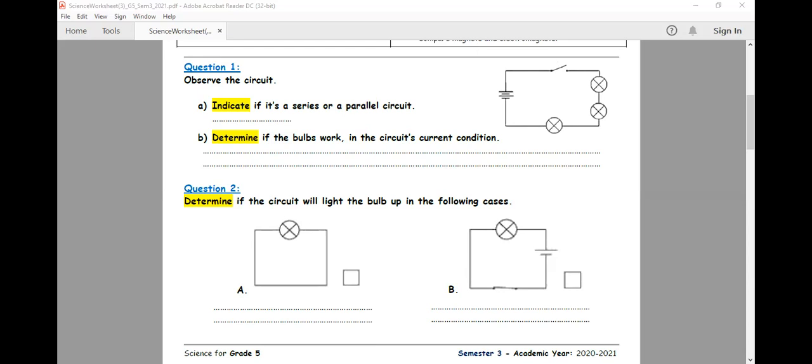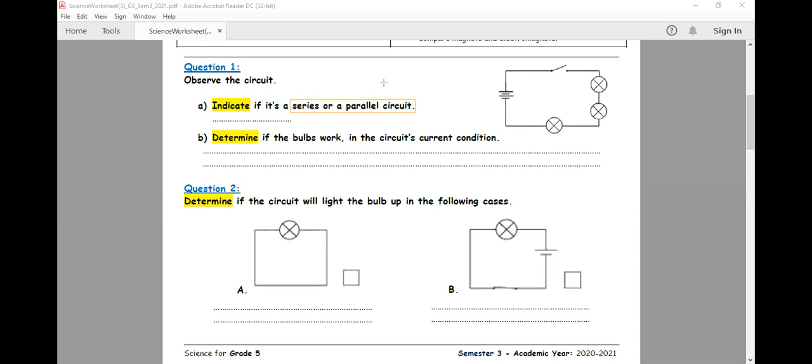Let's start with question number 1. Is this circuit a series circuit or a parallel circuit? Let's take a look.